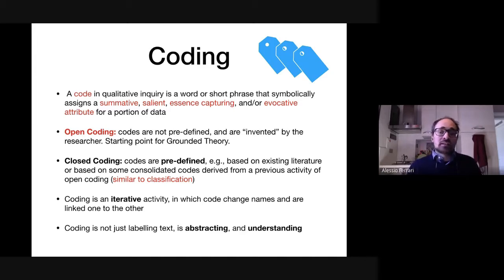So you first analyze your data, identify a set of codes, and then use these codes to code new data. This is similar to classification, similar to labeling and classifying sentences based on what you found before.